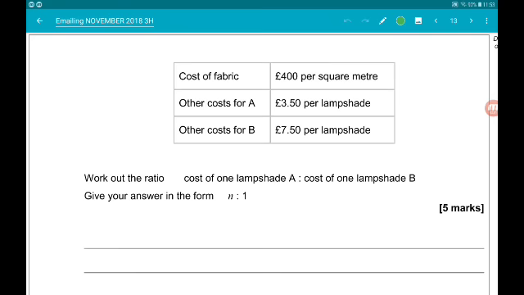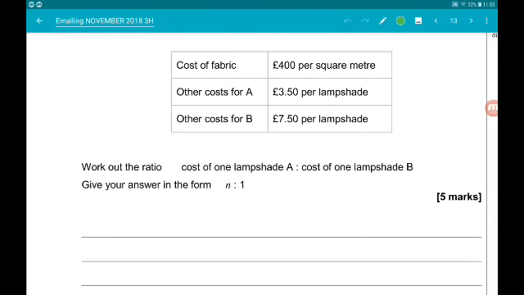We want to work out the ratio of the cost of lampshade A to the cost of lampshade B, and that isn't even enough. We want to give our answer in the form n to 1. Good times. Right. Okay.